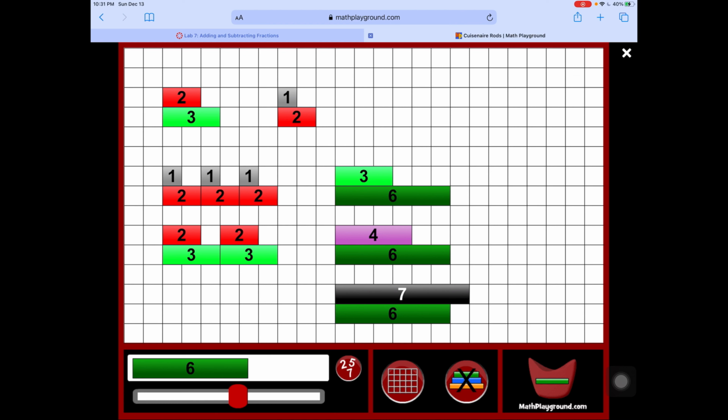And it helps us to find them in the same unit because we're not doing decimals, we're doing fractions. So to get 1/2 plus 1/3, or 2/3 minus 1/2, or 2/3 plus 1/2, we need to find our equivalent fractions first. We need to find our common denominator, which would be 6.